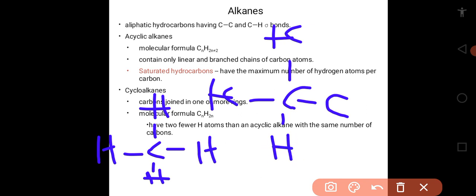You see that this carbon is attached to another carbon here, but what you need to understand is that it is still tetravalent, with 3 hydrogens and 1 carbon. So there are 4 attachments to the central carbon.